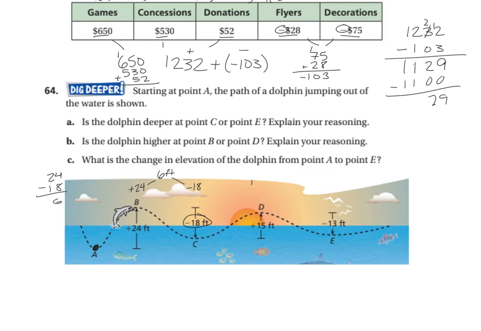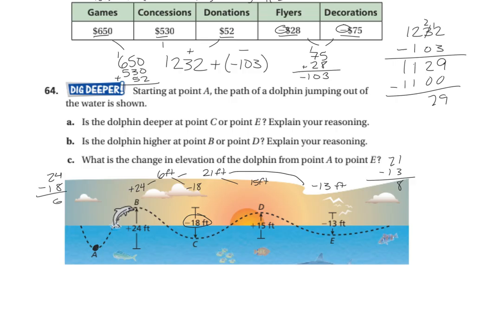So I have 15 feet, which I can add to 6, giving me 21 feet of displacement right now. And then after point E, right, taking off 13 feet, 21 feet plus negative 13, which is really just subtracting 21 and 13, I get a displacement of 8 feet.